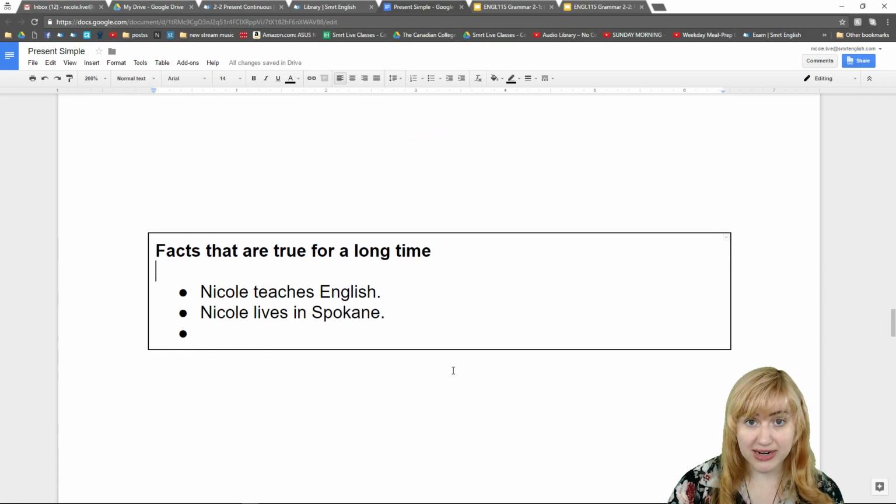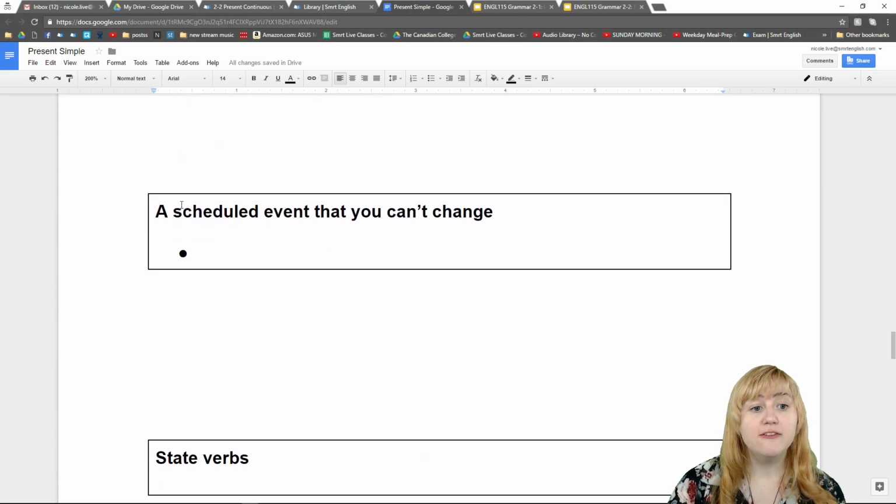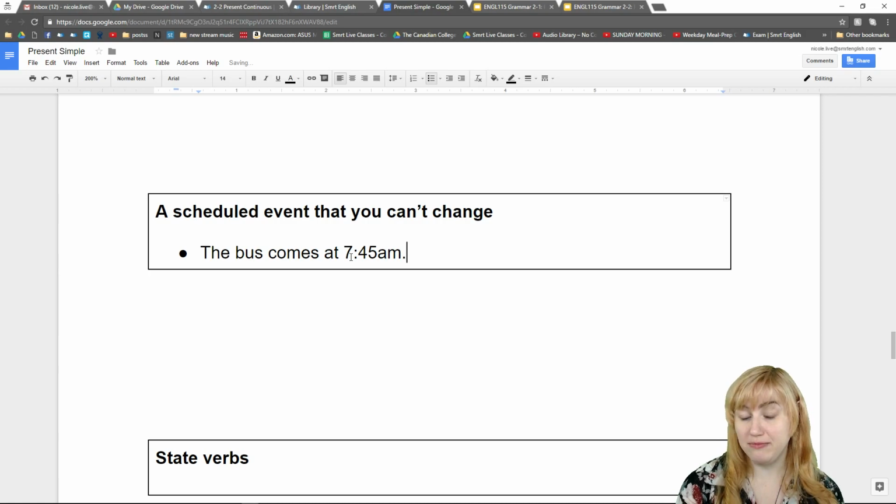We also use present simple for a scheduled event that you can't change. Other people can change it, but you can't change it. I'll give you some examples. For example, the bus comes at 7:45 a.m.